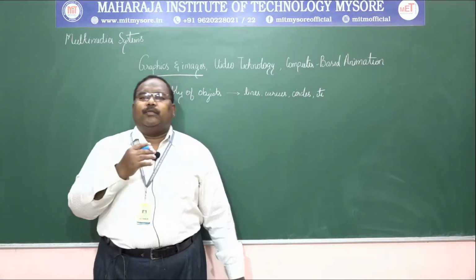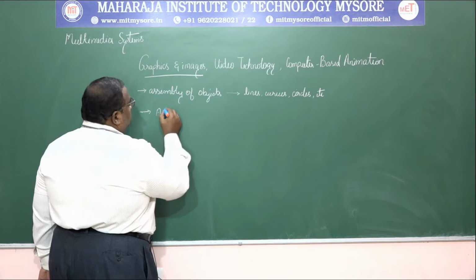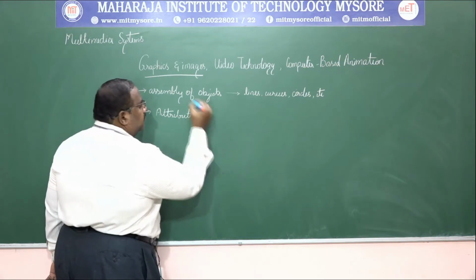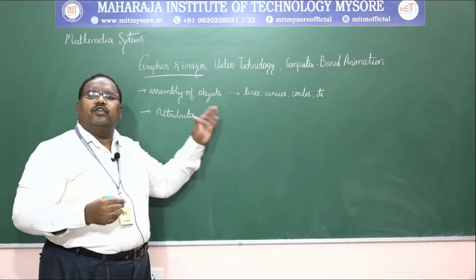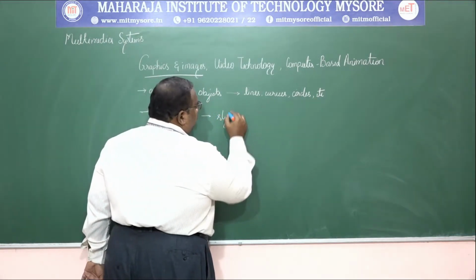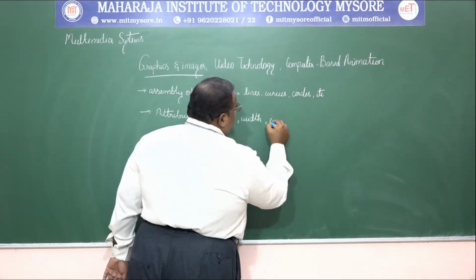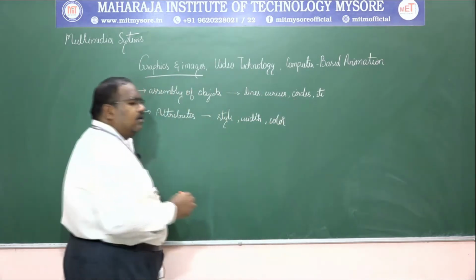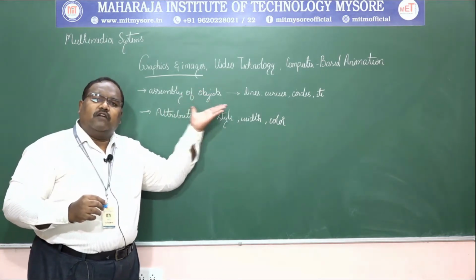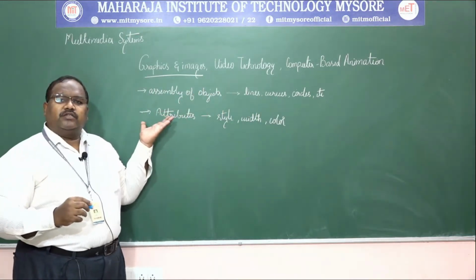So these are the different objects that are used to frame a graphic. When we talk about the attributes of graphics, these graphic images constitute style, width and color. These are the attributes. So we know how the graphics are made with the help of an assembly of objects. What are those objects? Lines, curves and circles, and there are a lot of attributes associated with them.